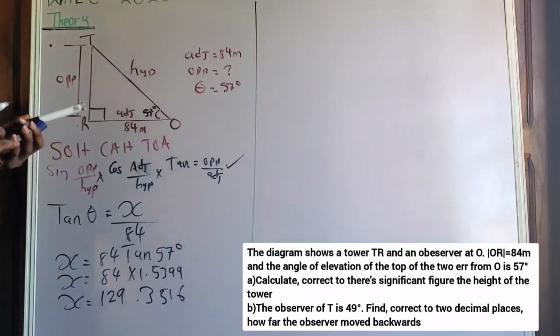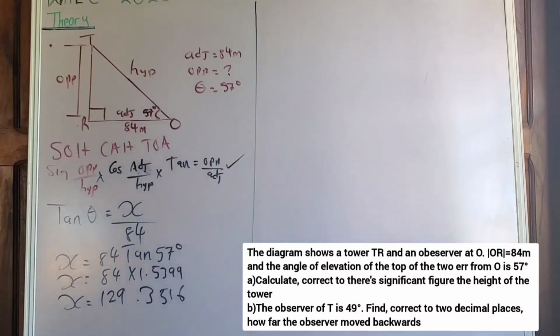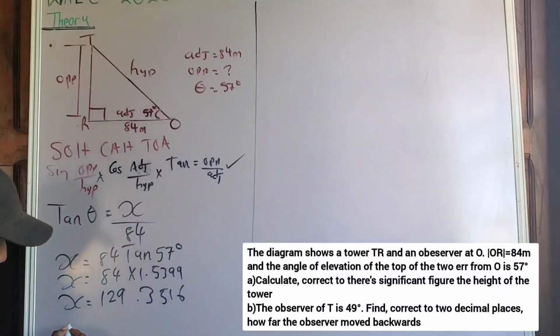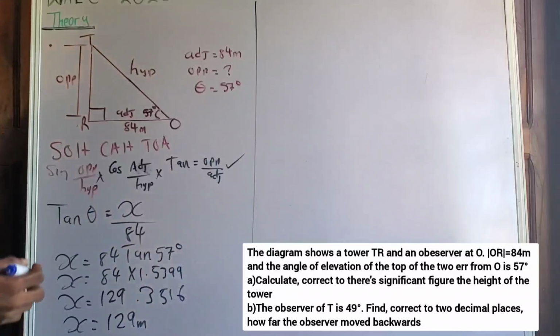Don't forget that we are asked to approximate to three significant figures. So the height of the tower to three significant figures will be 129 meters. So the height of the tower, which is x, is 129 meters. That is the value of the height of the tower.